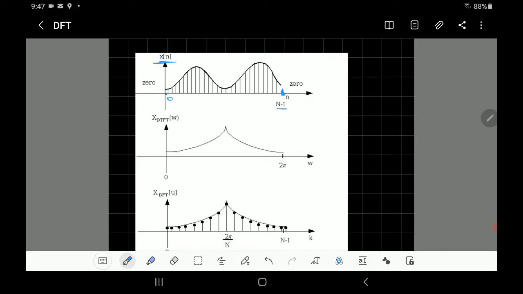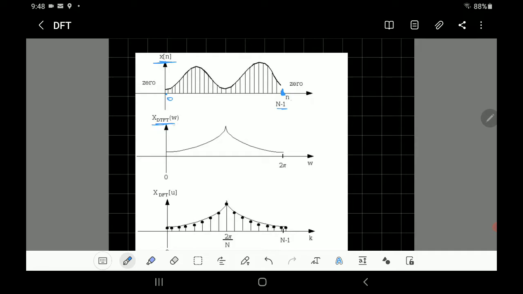The discrete Fourier transform of a discrete time function x of n may be viewed as its frequency domain representation and used as a tool to approximate discrete time Fourier transform or Fourier transform. That's the discrete time Fourier transform of the signal.